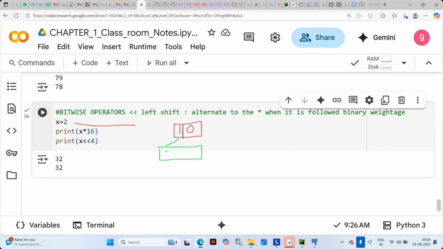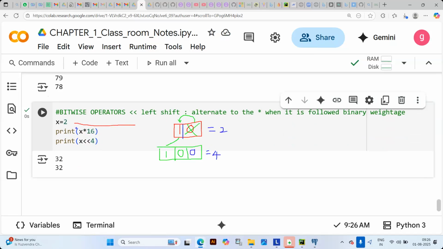Now 1 will come here and 0 will come and sit in this place. After left shifting, this particular place is vacant. According to the electronic assumption, the vacant place is going to be filled with a 0. Now, if you combine 1, 0, 0, the equivalent value is 4. This was 2.